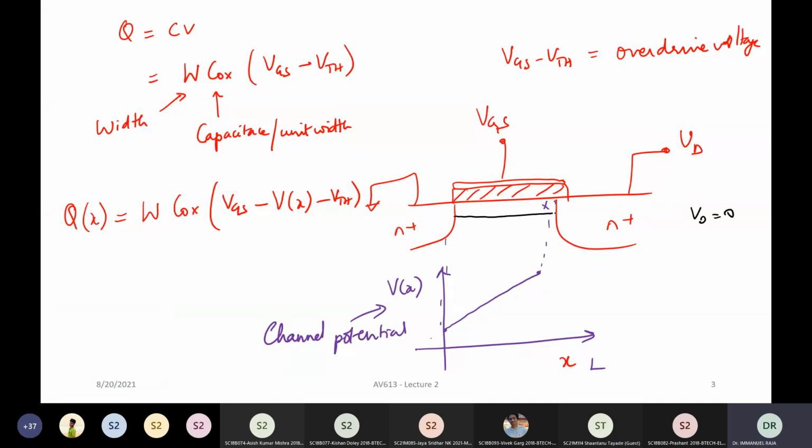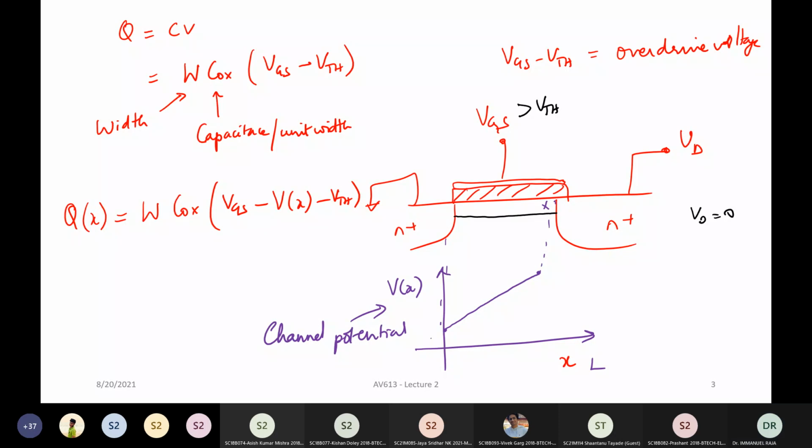Let me say the channel looks like this. All right. The channel is pretty much uniform, right, across the entire channel, that is from source to drain. Okay, because you only have a VGS which is greater than VTH, right? And both drain and source are at the same potential.